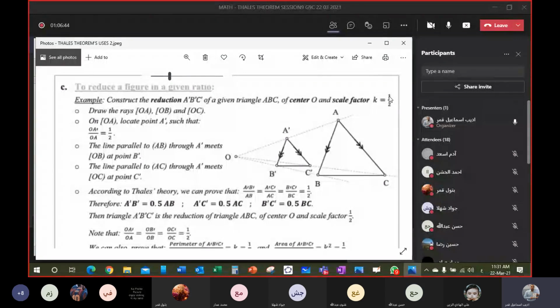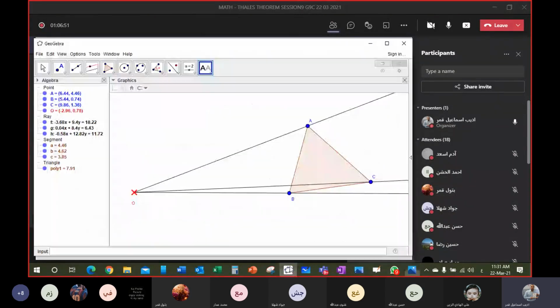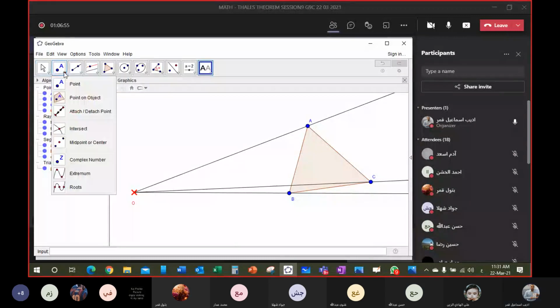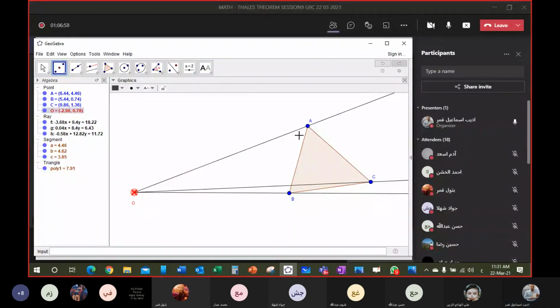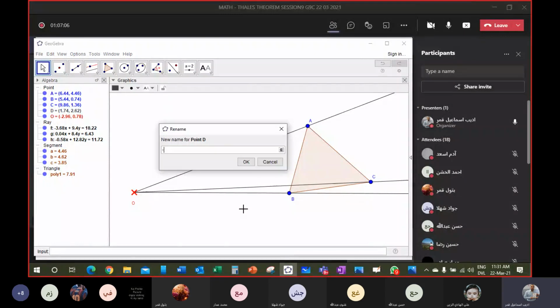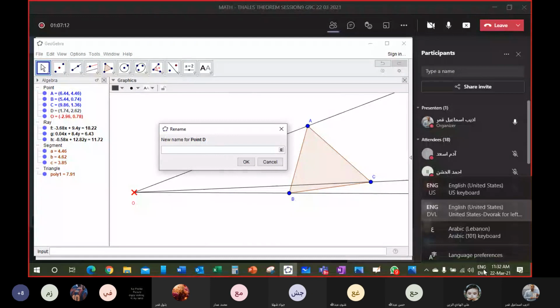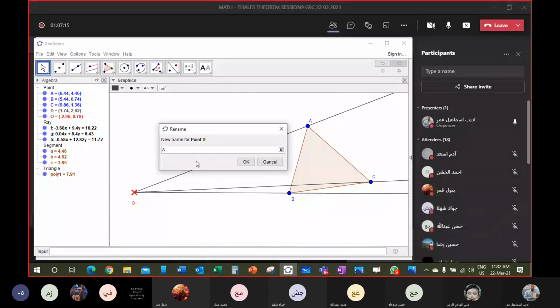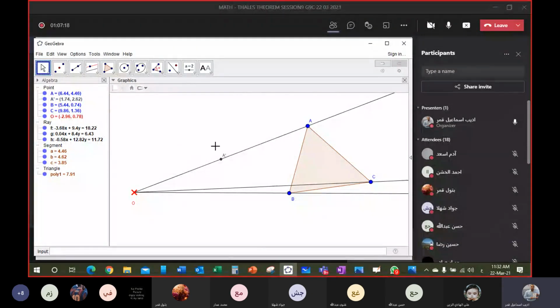When we have a scale factor 1 over 2, then this means that A prime should be the midpoint of OA. We go to the figure and we place the midpoint of OA, and we name it A prime. Okay, so A prime here, according to this scale factor, is the midpoint of OA.